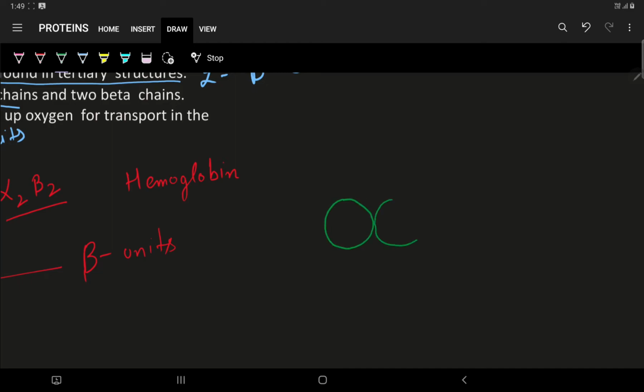If these green circles are representing two alpha units, then these pink circles will be representing two beta subunits. So this is the structure of hemoglobin.